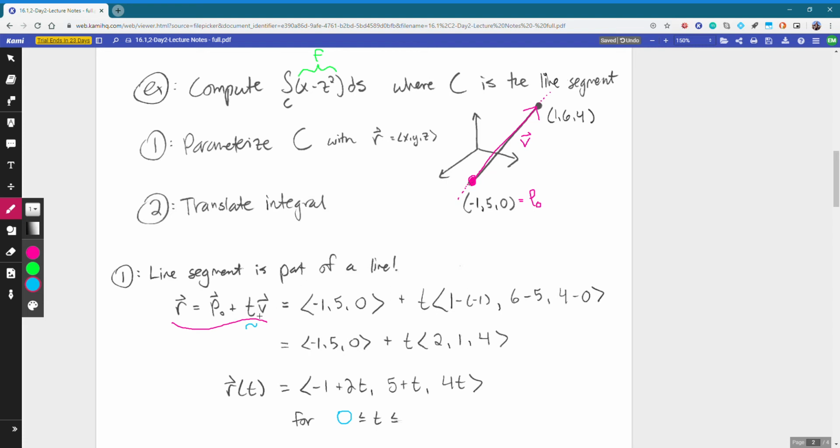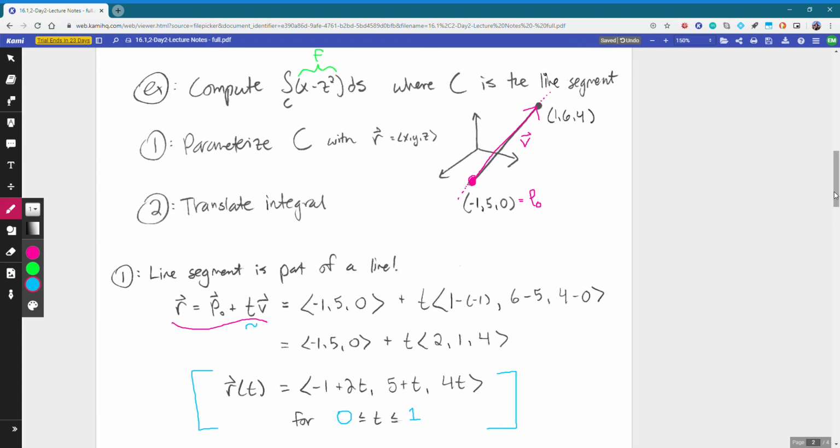And so we just want to make our t equal to 1. That should get us all the way to our second point. That's a geometric way to see how to get those t's. You could also double check by plugging in the 0 and plugging in the 1 here in order to see that those will indeed start us and stop us at the points that we want.